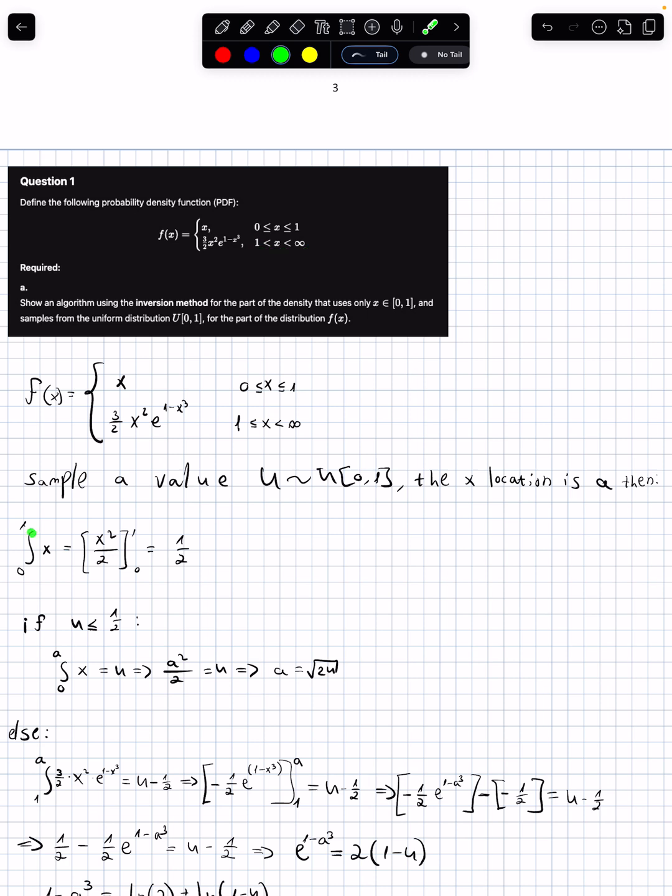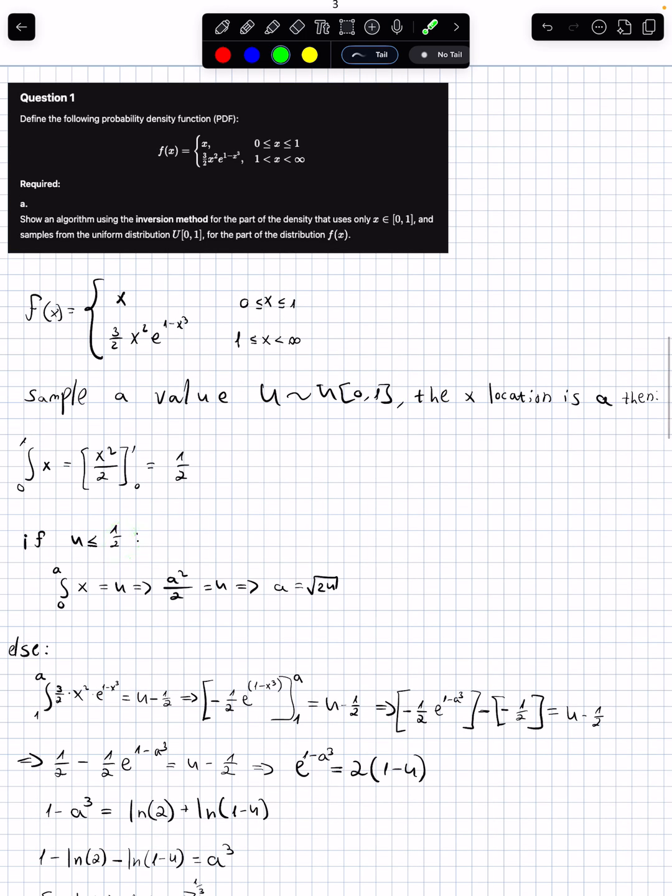The integral from 0 to 1 of x is half, meaning half of the values will be here and half will be here.